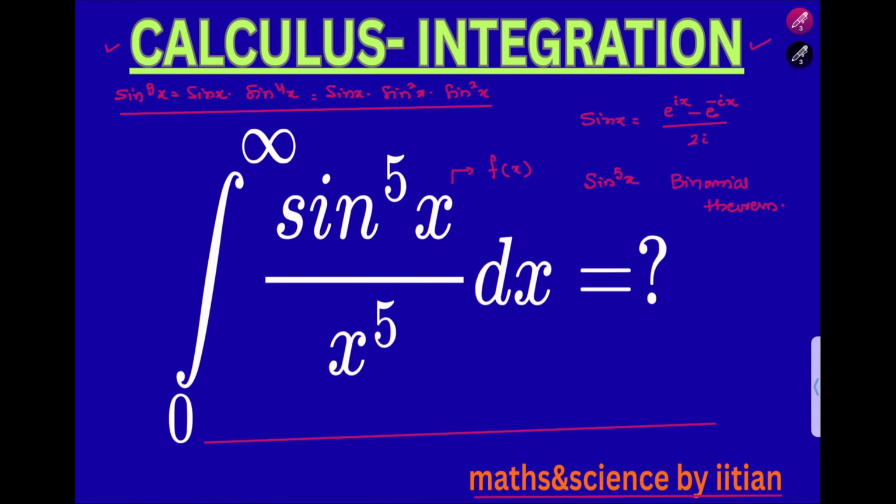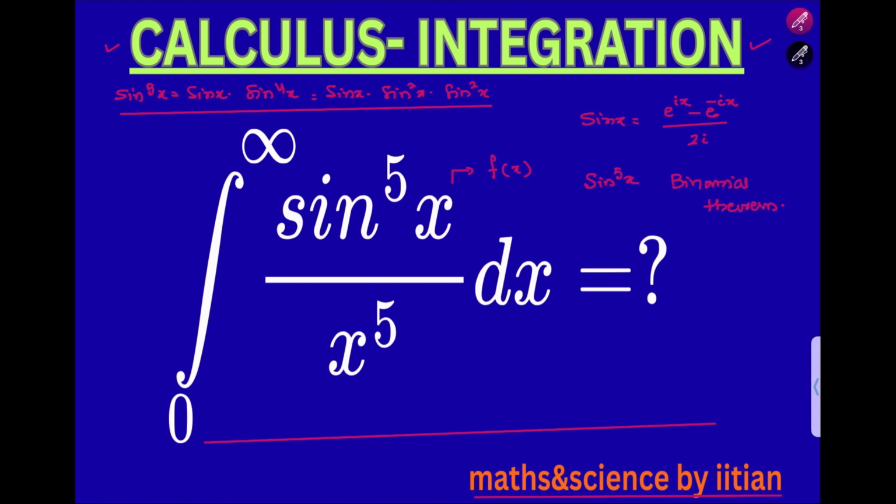Now, this particular problem involves binomial theorem, complex numbers analysis, and expansion of sin to the power of 5x, and then integrating it and finding the value for the x value ranging from 0 to infinity. It is a definite integral. It is a very good example.